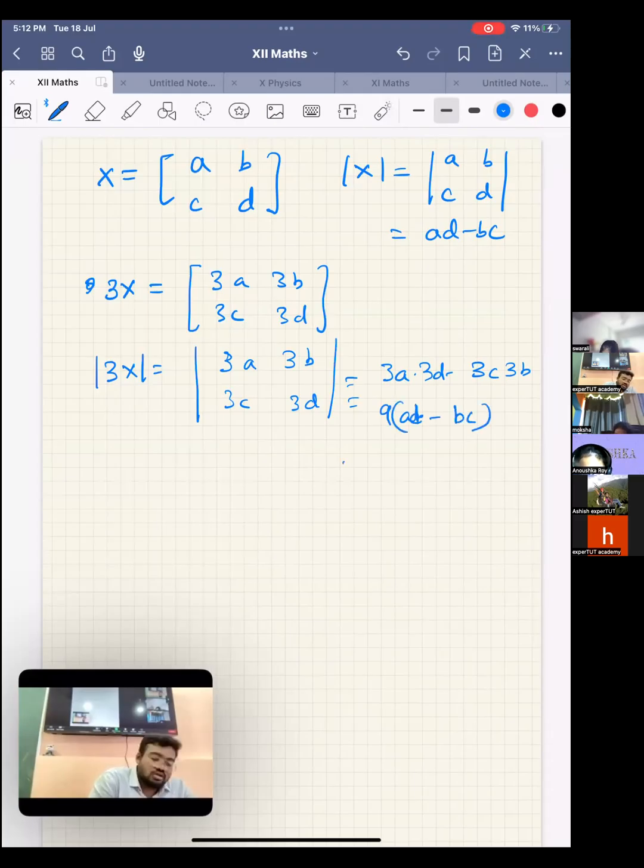So this becomes 9 times the previous delta, which is 3 square times delta X.